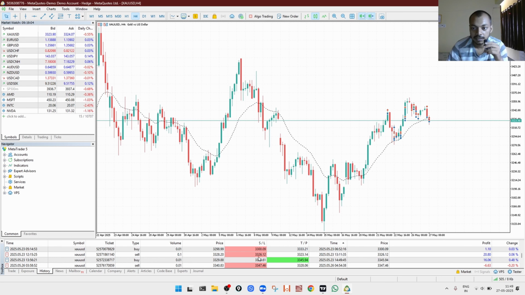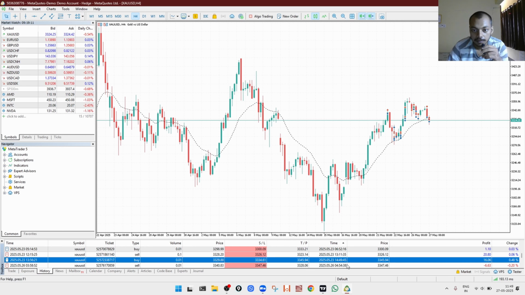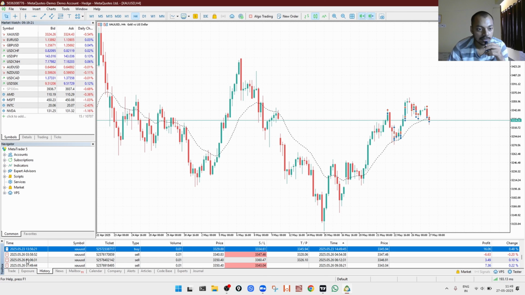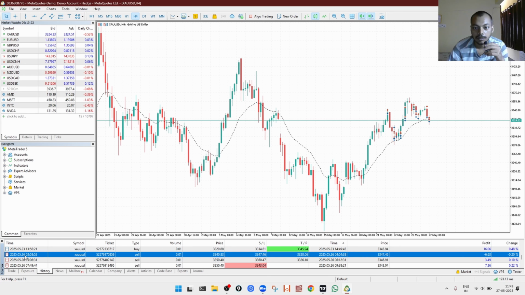Anyway, yesterday was 26th, so on 23rd, that is Friday, I had shown this trade. This trade gave me a profit of $16 on 0.01 lot. Next comes the 26th. Let me check if my camera is not obstructing.